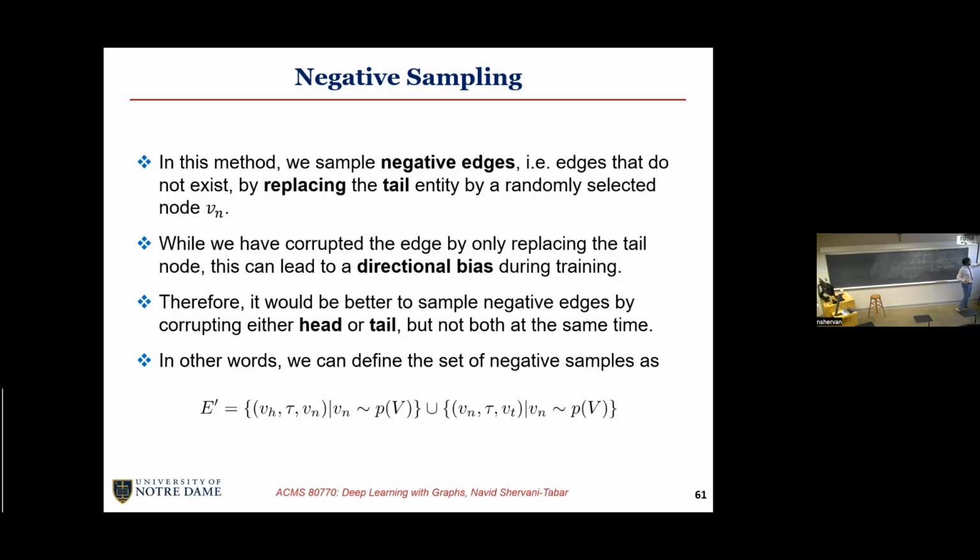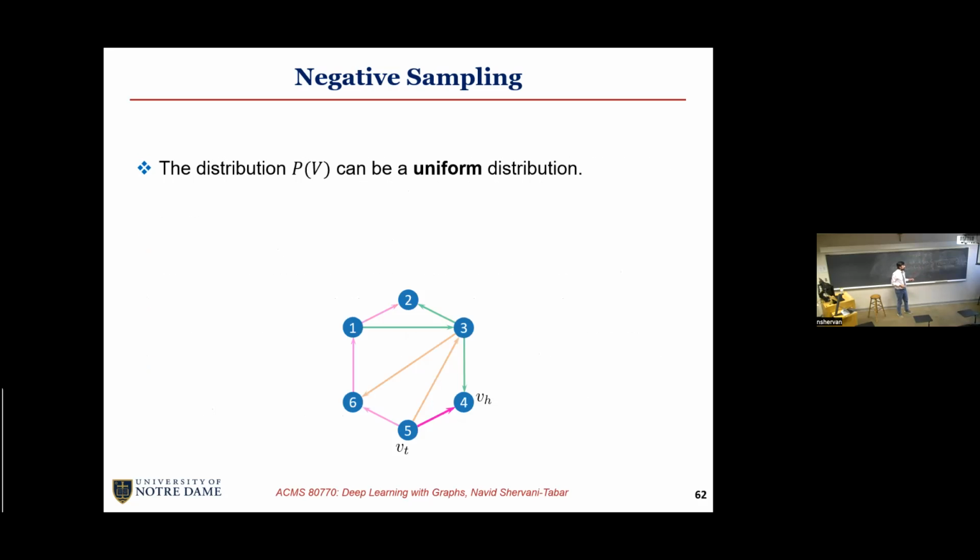So I can generate corrupted edges with two approaches. Either I take this VH and keep it, and I swap the tail with some randomly sampled node, or I keep the tail and swap the head entity with some randomly sampled node in the graph.